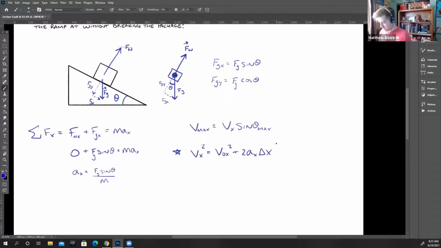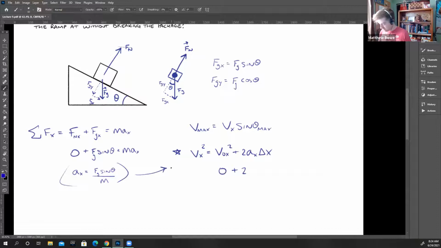We're going to assume at the top, the initial velocity was 0. That makes this term go away. And then we have 2 times a sub x. Well, we just found a sub x over here, so let's put that in this equation.